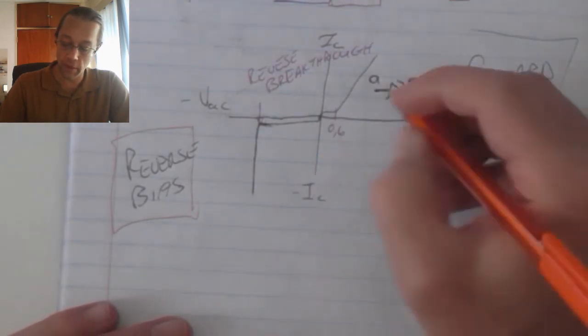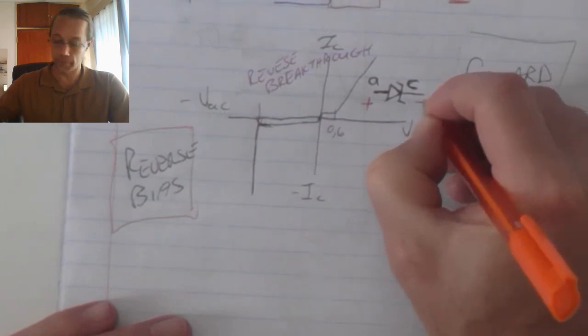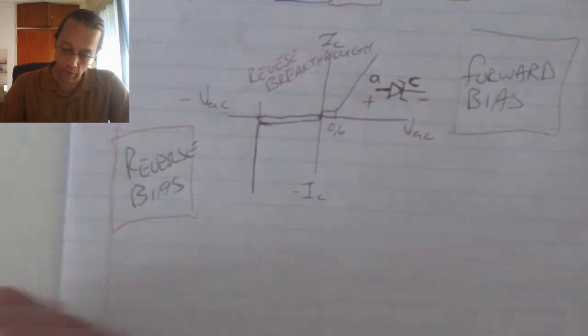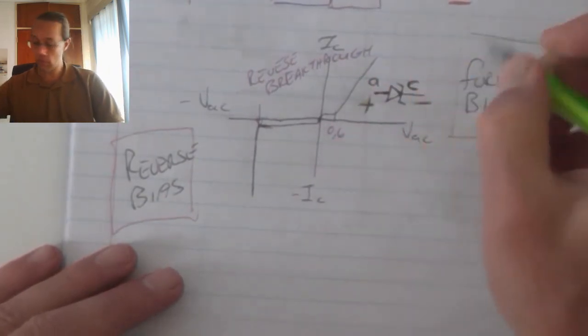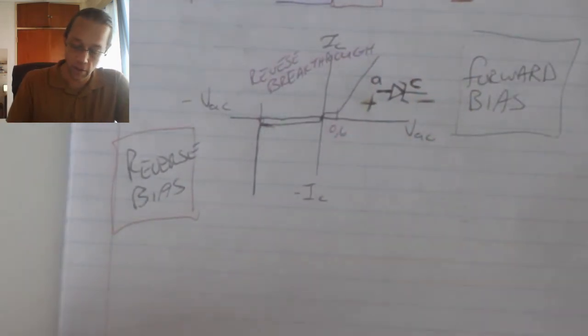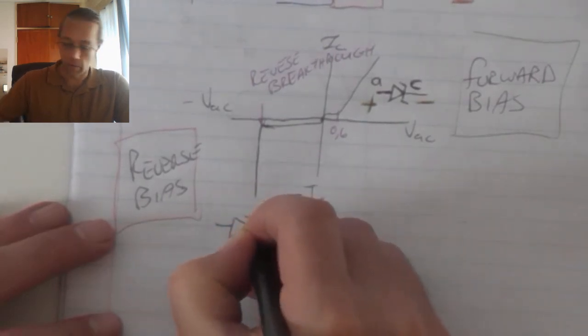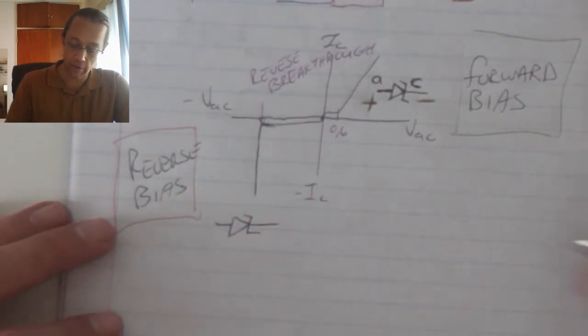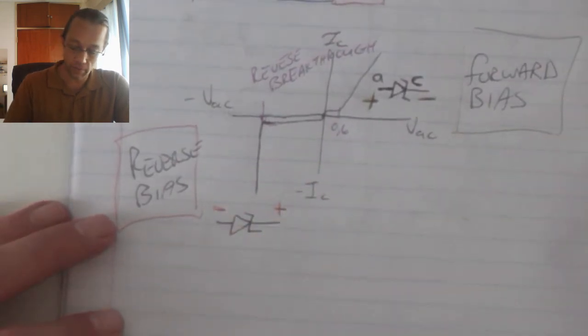So in forward bias, we will have a positive on the anode and a negative on the cathode. In the reverse direction, we will have our Zener diode, and we will have a negative on the anode and a positive on the cathode.